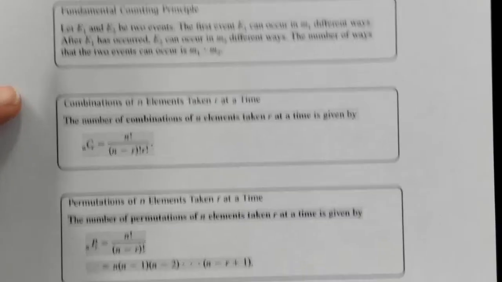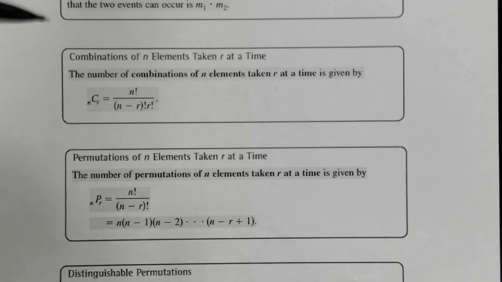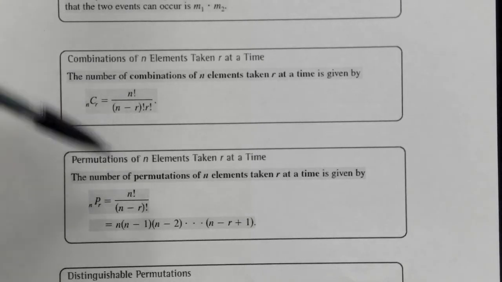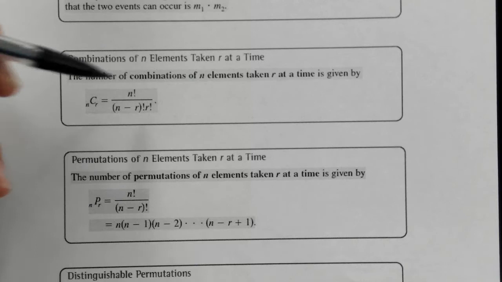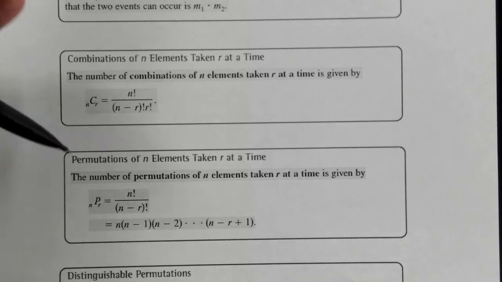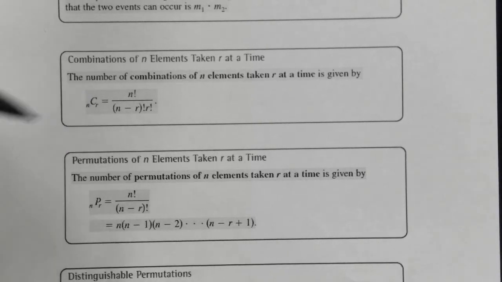So the next two things I want to get into are the combinations and permutations. Now, many of you have probably studied these before in previous math courses, and of course we looked at combinations in the last section because it was a part of getting our coefficients to our binomial expansion, so we've just looked at this recently.